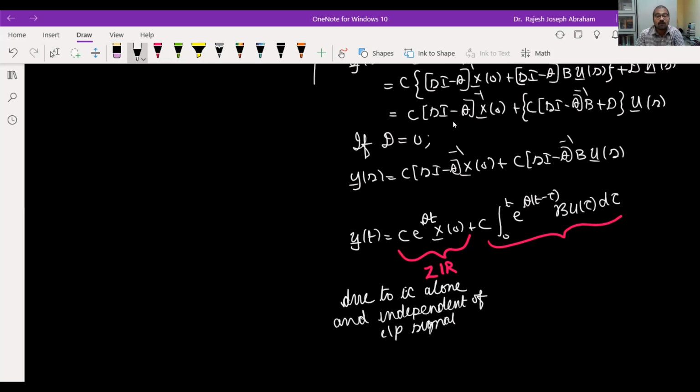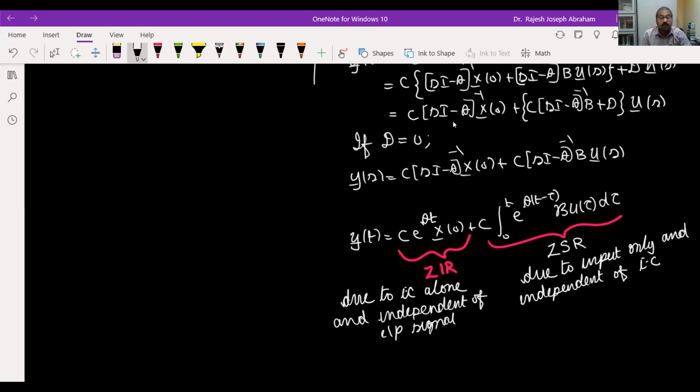The second is due to the input signal only, and it is independent of the initial condition. So this is called the zero state response, due to the input only and independent of the initial condition or initial state.